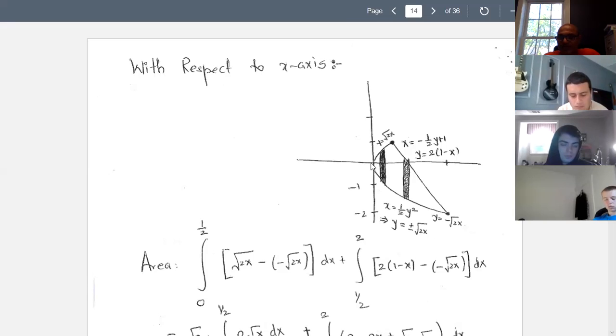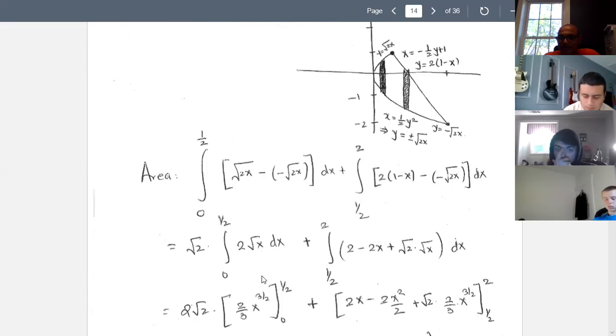That means your x runs from 0 to this number 1 by 2. And then after it goes from 1 by 2 to this point, and it goes up to here. And this is 1, so here it is 2. 1 by 2 to 2. From here it is root 2x minus root 2x. Here it is 2 into 1 minus x minus root 2x.